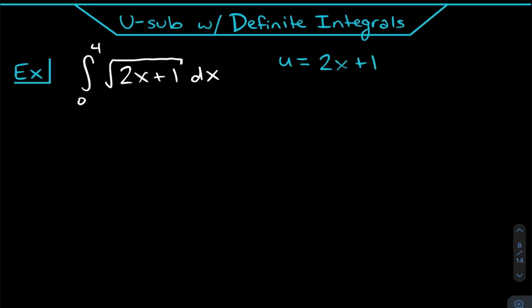It's not like the first thing you should think of in your head. You should think, can I evaluate this nicely at first? But the derivative of 2x plus 1 is just going to be 2. And then we tack on that dx on the other end. And since we only have a dx and not a 2dx, we're going to divide that 2 away to get our substitution for dx.